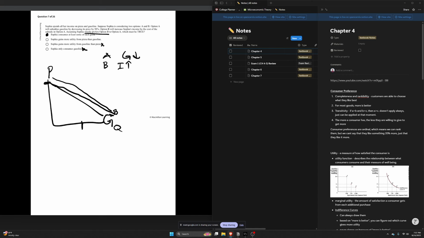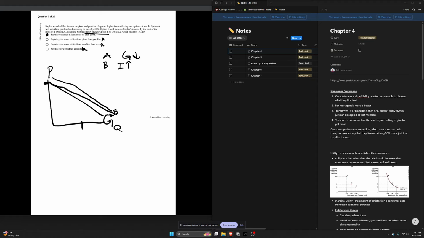Sophia gains more utility from pizza than from gasoline. Again, we can't really talk about utility because we have quantity demanded and we don't have anything else. We'd have to make up a whole new graph for it.